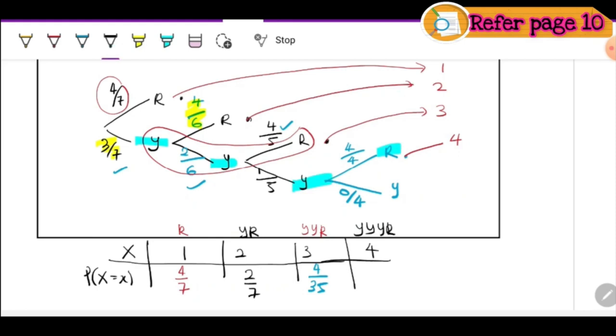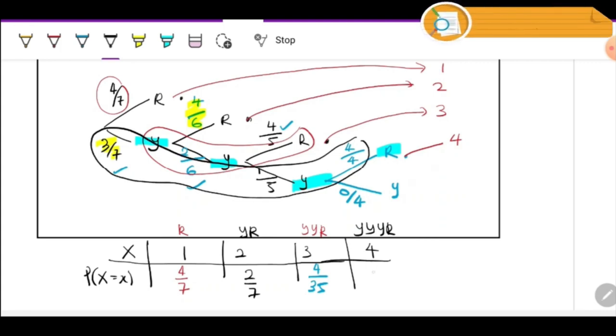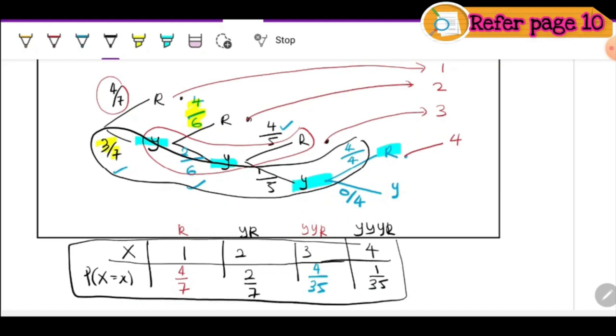The probability of getting 4 towels is 3 over 7 times 2 over 6 times 1 over 5 times 4 over 4. Then we get 1 over 35. So this table represents the probability distribution table.